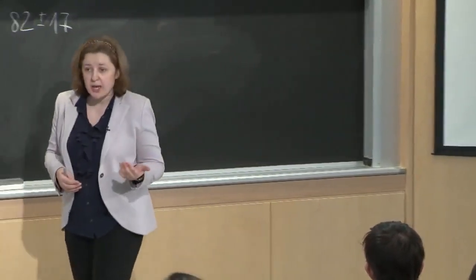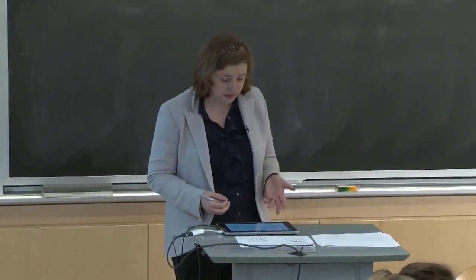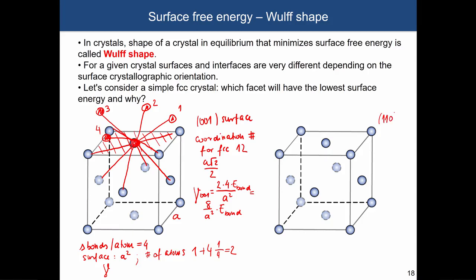We will go through one more step just to illustrate that different planes in a given crystal have indeed different surface energy. We will calculate this surface energy for the 110 plane. So the 110 plane will be this plane here. Again, each particular atom will have 12 nearest neighbors. If I assume that I'm cleaving this crystal in a way that everything above the plane remains in the bulk and everything below is removed, then I have to calculate the number of nearest neighbors that is being removed through this process.